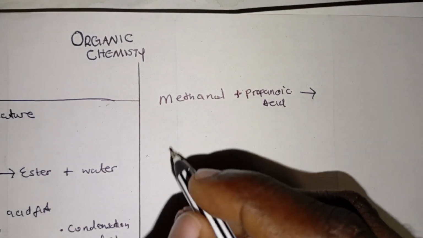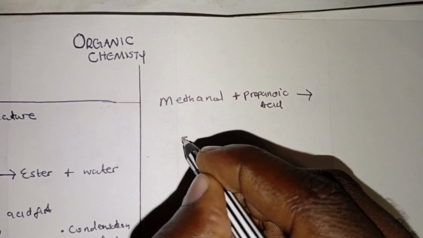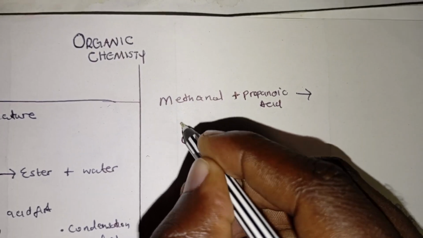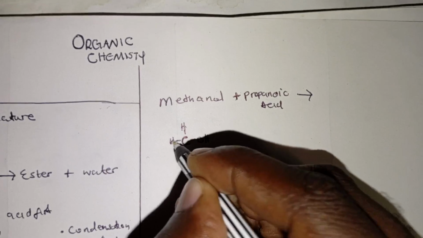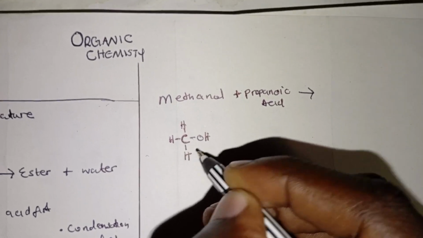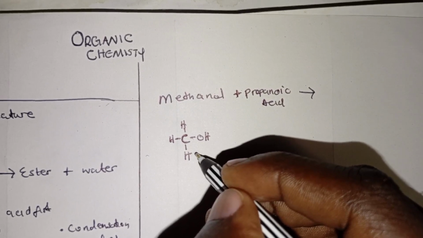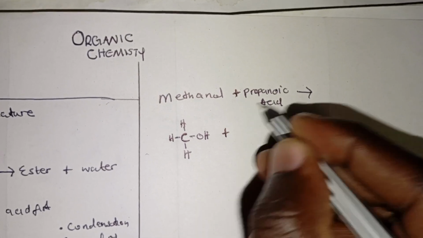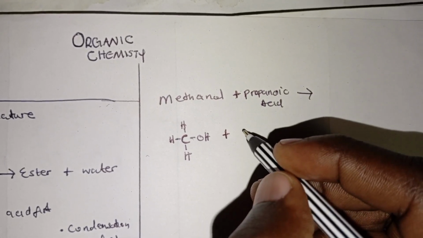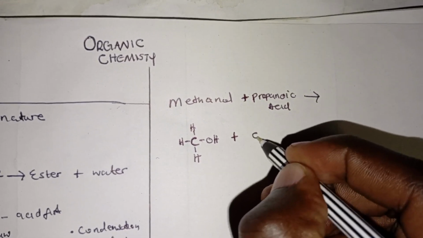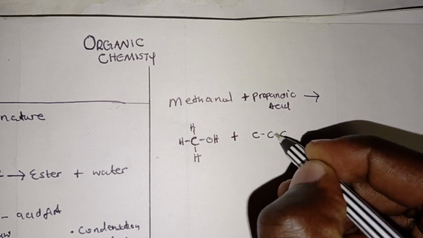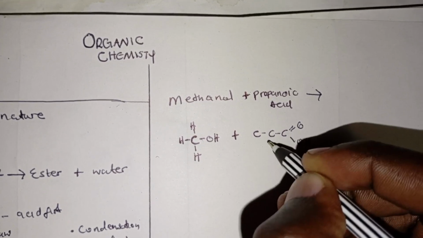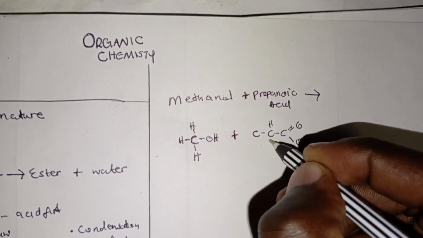So methanol, the structure C. Okay, if you are still behind on the structures, kindly watch the previous video where we did an introduction to organic chemistry. And propanoic acid, these are very simple. If you just watch the previous video, you will understand why we're writing this.